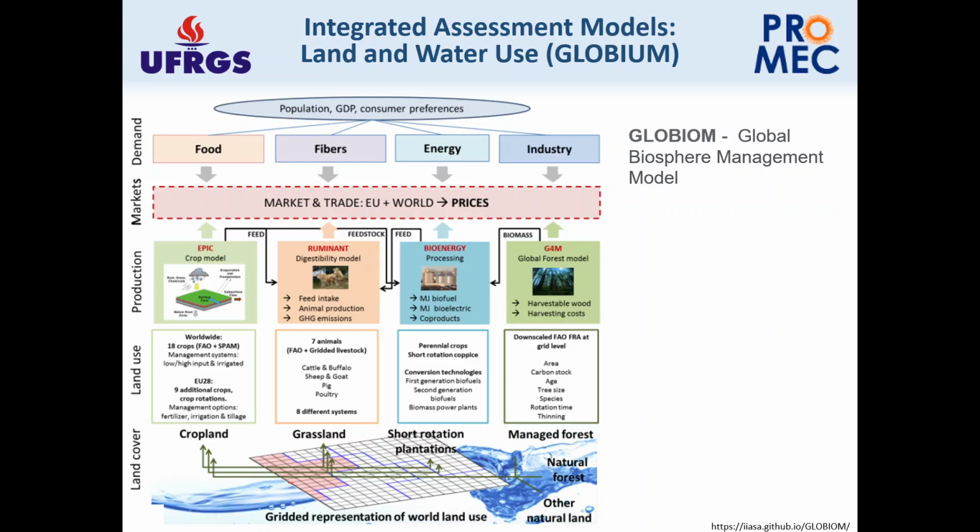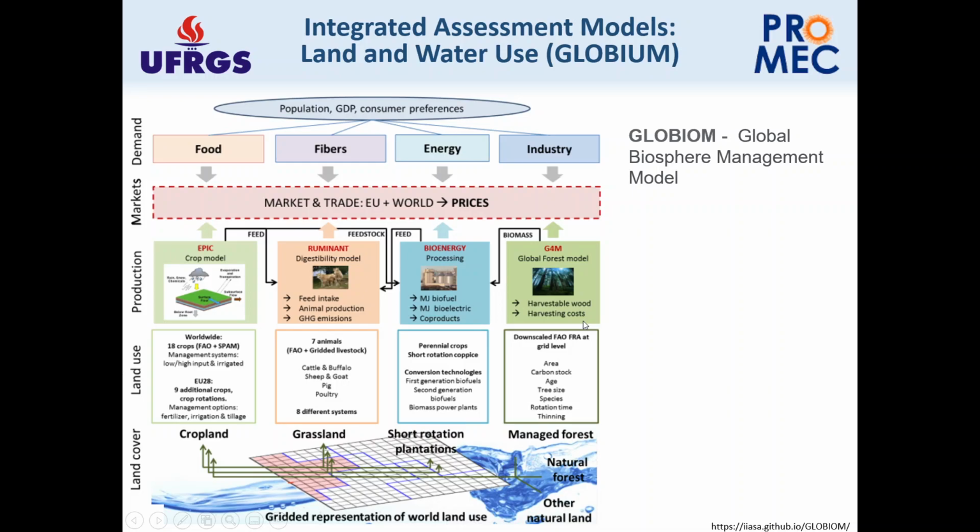There's GLOBIOM also, as I mentioned. It looks at how much food is delivered, how much land you have, and it's a linear optimization model. It tries to estimate how much energy, land, and water is left for you to produce biomass, biofuels, and other things you're interested in.